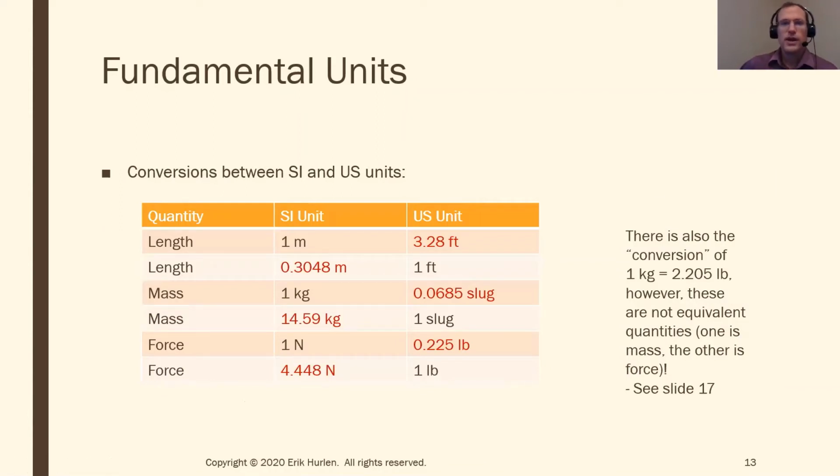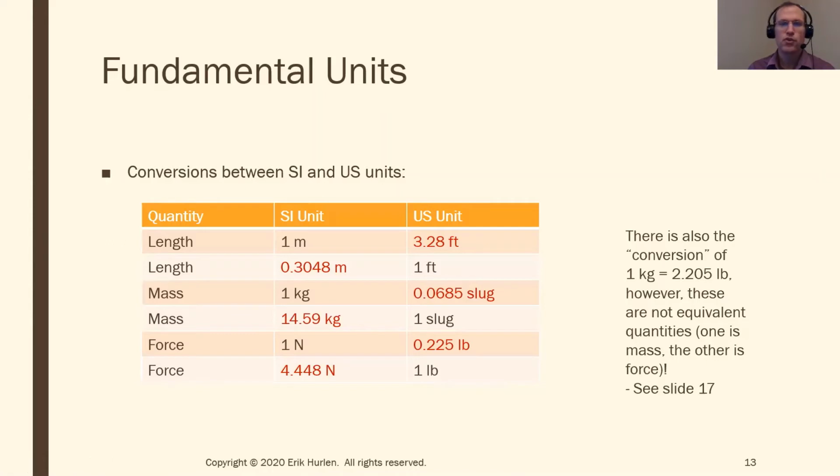Going between US and SI units is also sometimes a handy thing to do. Not necessarily in this class, but you have to do it in other classes. So 1 meter is about 3.28 feet.